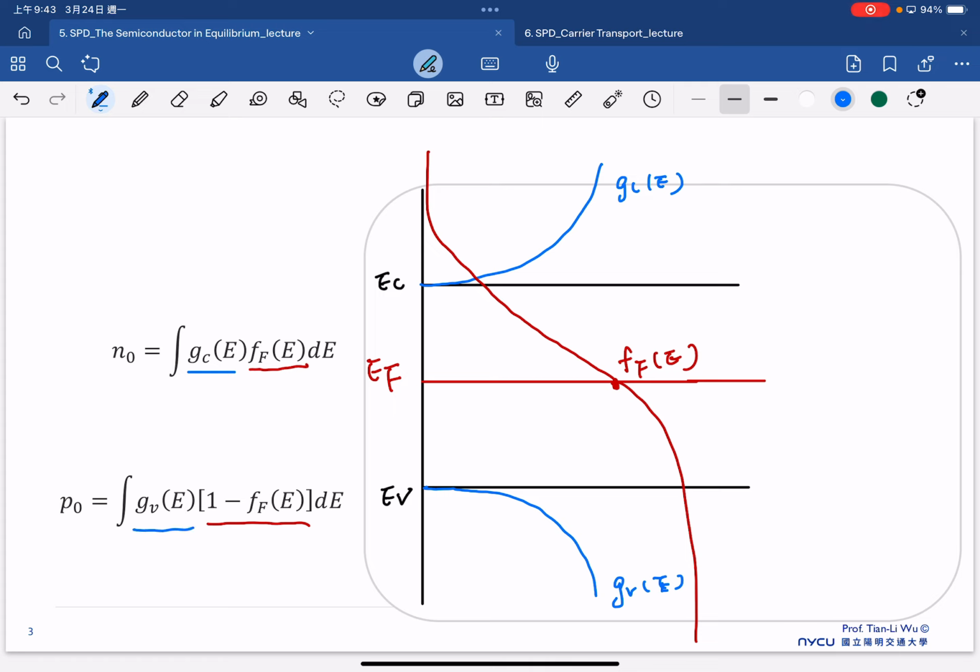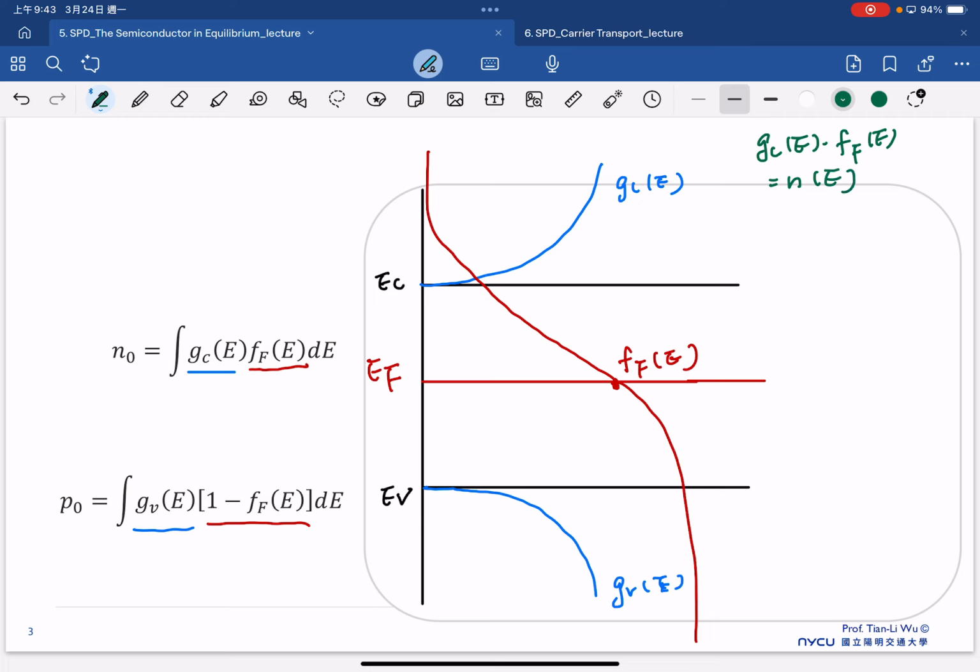This plot gives us more sense of how we start to estimate the thermal equilibrium concentration. The equation that we try to estimate here is GCE times FFE, which will be equal to the NE.